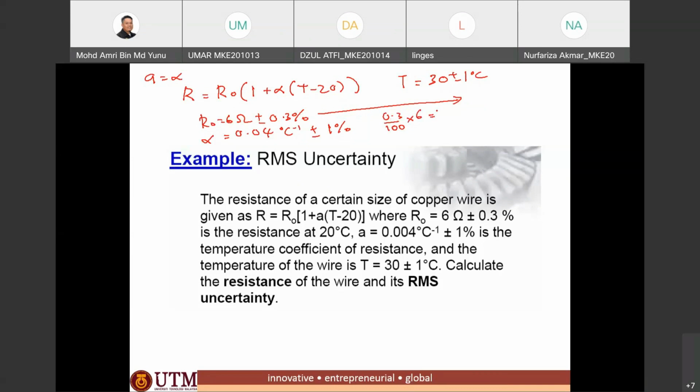So we get 0.018, isn't it? Let me verify.